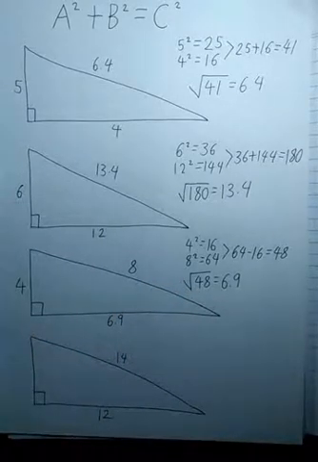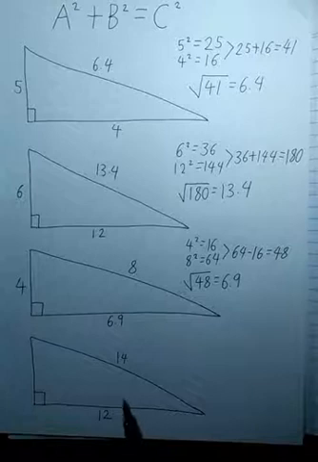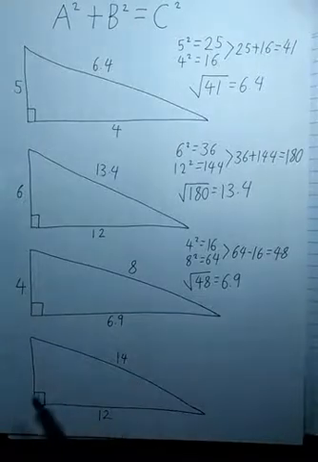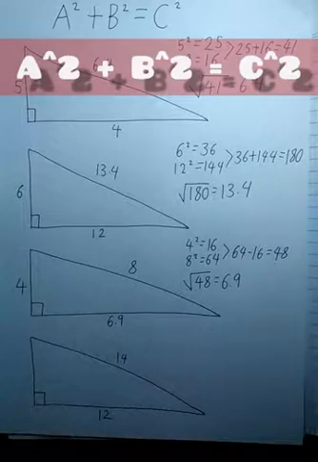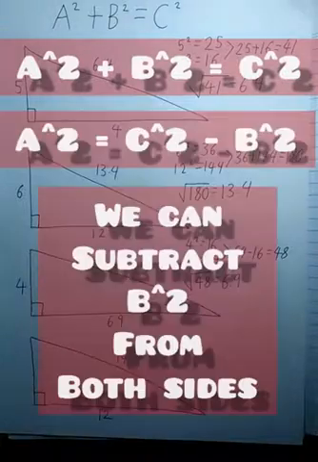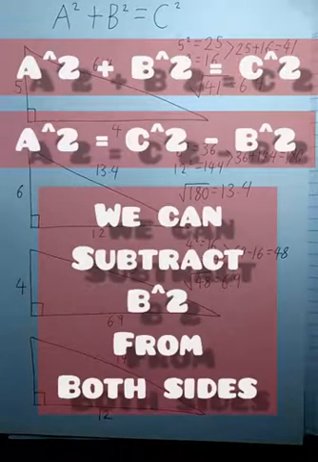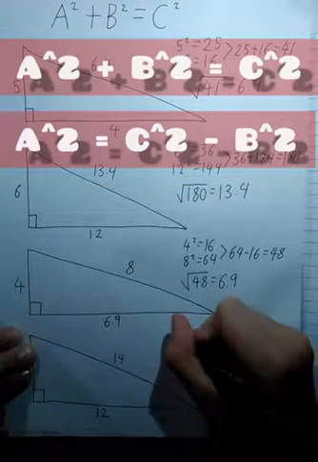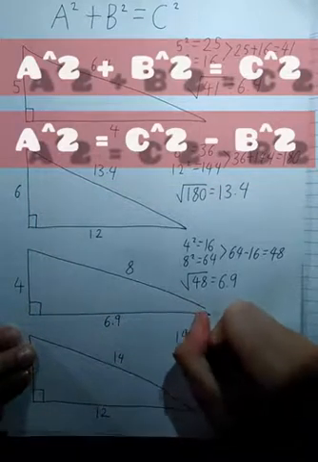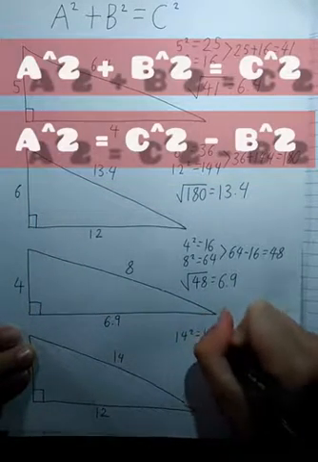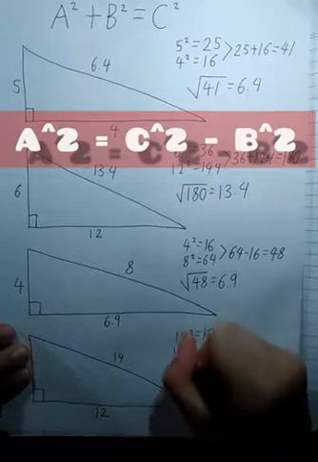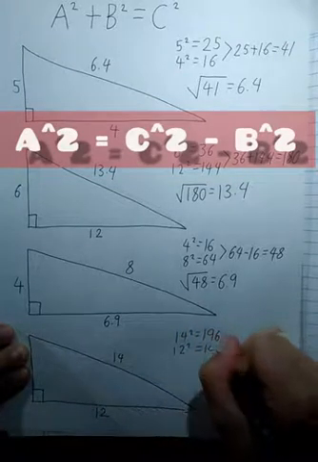Now, let's look at this last one. Here, we have b and c, but we don't have a. So this time we have to do c squared minus b squared, and this will give us a squared. 14 squared equals 196, and 12 squared equals 144.